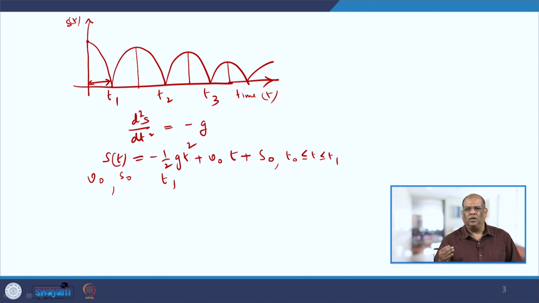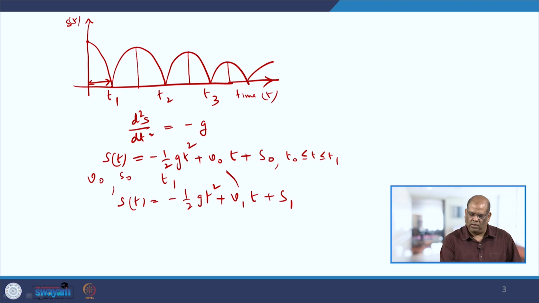Let us consider the second bounce. You have the same equation s(t) equal to minus half g t², but now you have different initial values. Now it is v1 and s1, which depends on v0 and s0, and also we have assumed that this is frictionless, no air resistance.